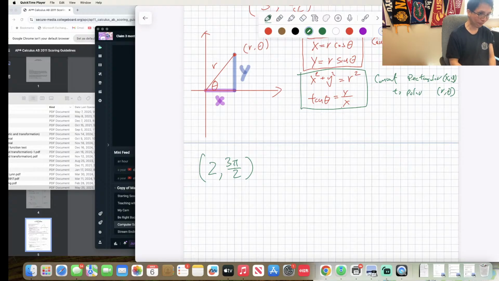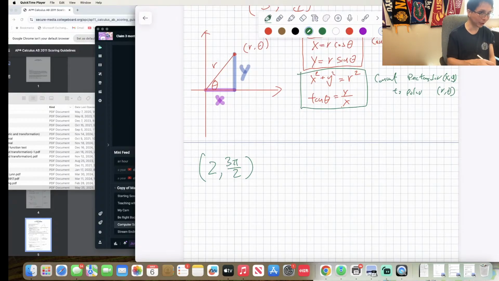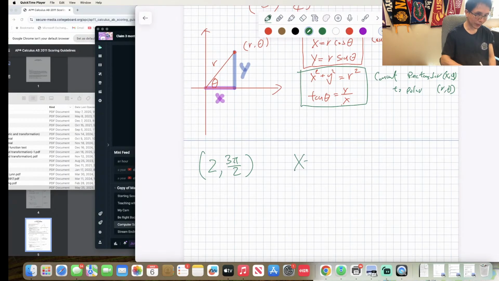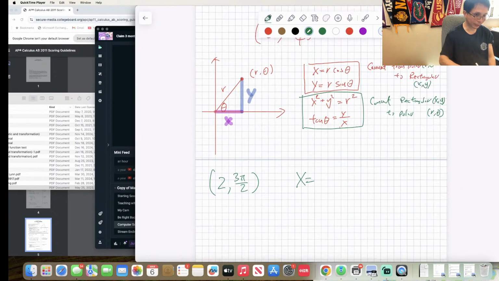Okay. So remember, we are converting from polar to rectangular, so we're going to use the first two equations. x is equal to what? What is r here? 2 cosine of 3π/2, right? That's 0. y is equal to 2 sine of 3π/2.